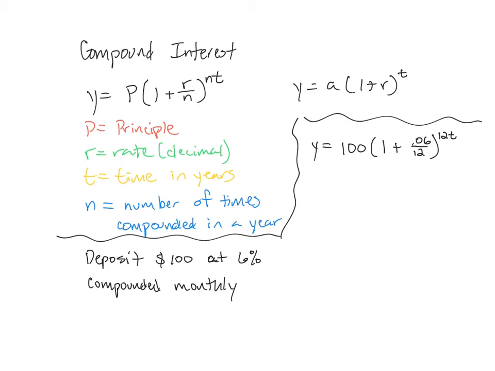Okay, so what we need to do is simplify that stuff in the middle of the parentheses. So you're going to have to do two things. First, you're going to have to divide that 0.06 divided by 12. And sometimes it'll be nice, like this one's actually pretty nice. 1 plus 0.005.